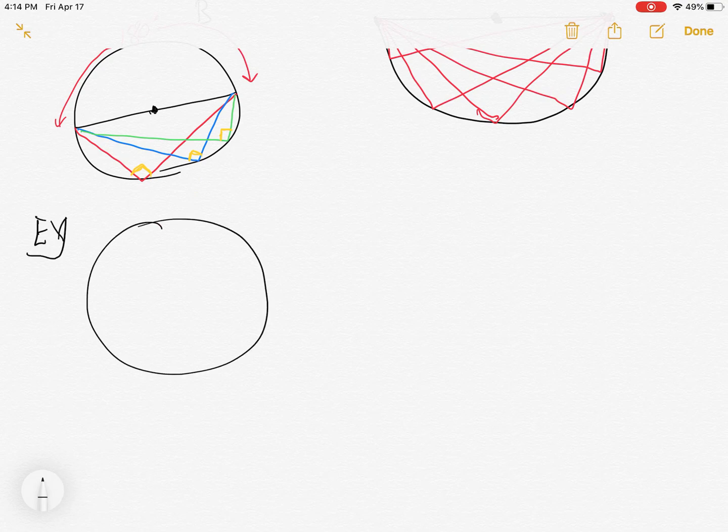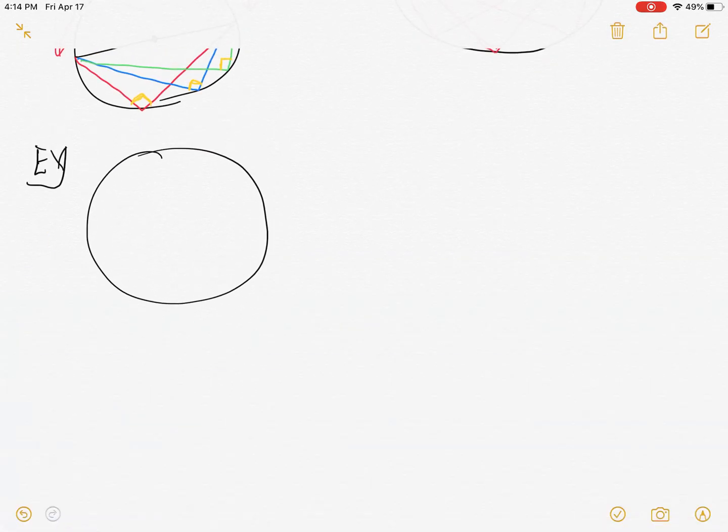Okay, finally, let's do a few examples to wrap this up. These are the kind of problems you're going to encounter. Really this whole chapter, with a few exceptions with some quadratics that you've encountered, these problems generally are very short. So let's say there's a circle, we have this inscribed angle.